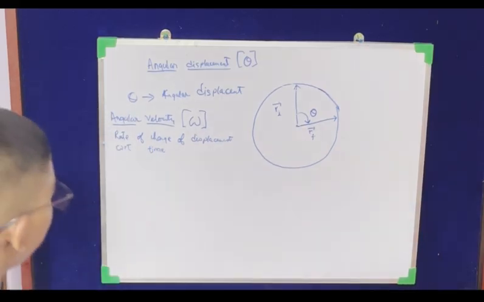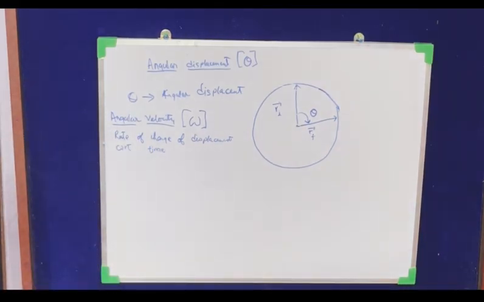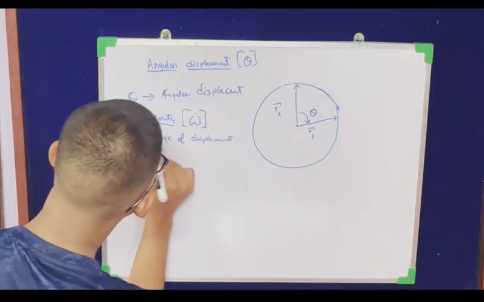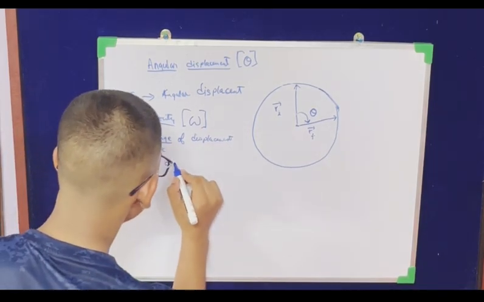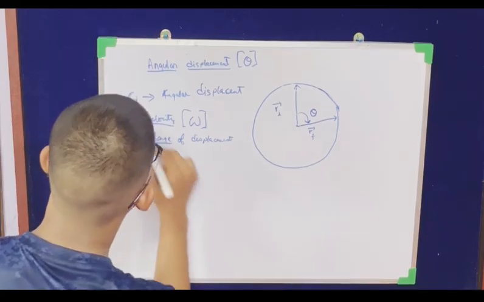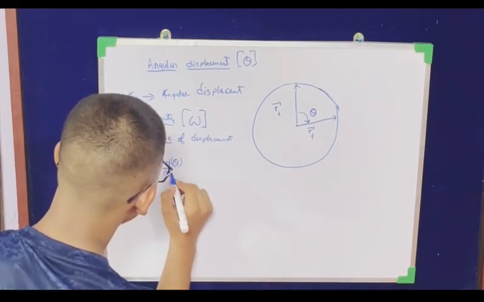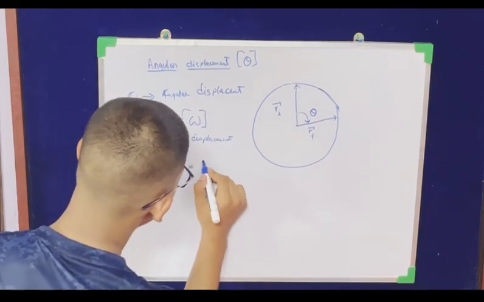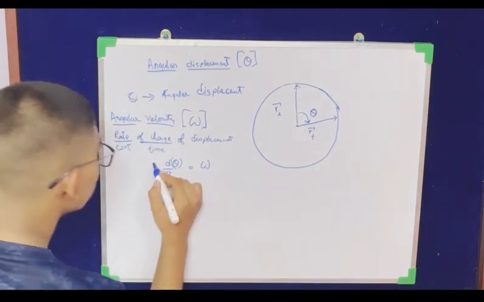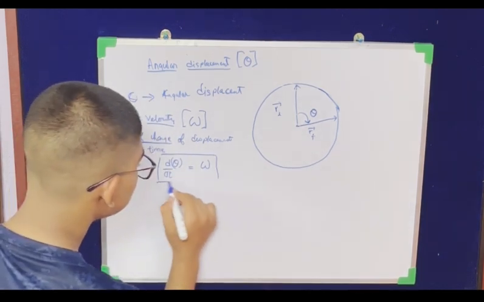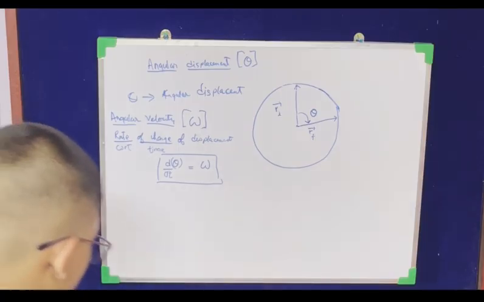This can be its definition, but how can we calculate its value? As we are saying rate of change, we'll differentiate the angular displacement with respect to time, which will give us the angular velocity. The same as we did in kinematics.